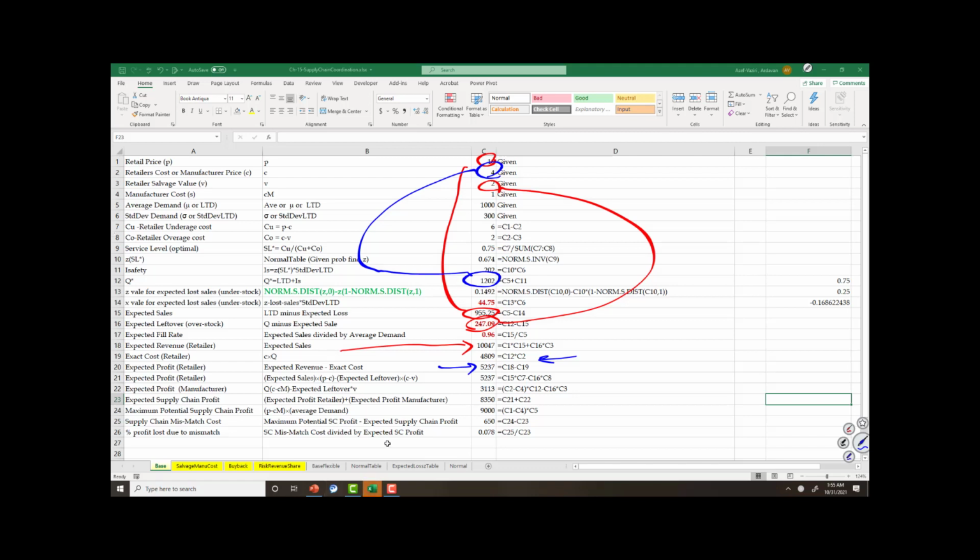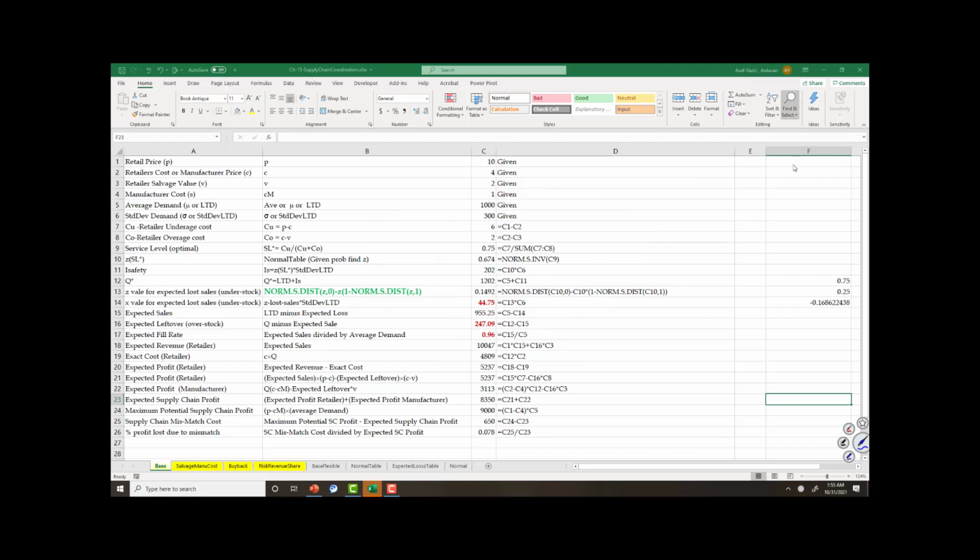There are many other ways, but this is the one I want you to follow. Let's look at the retailer. This is expected sales. The retailer has sold each unit for $10 and has bought each unit for $4. That would be multiplied by 10 minus 4. That is one part of the profit of the retailer. But there is one other item.